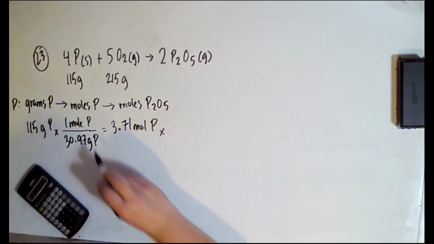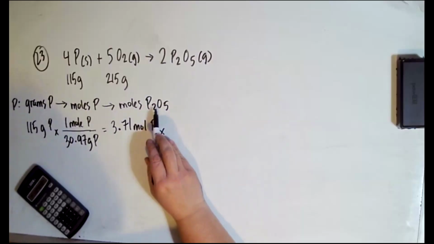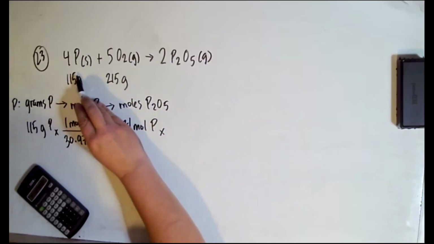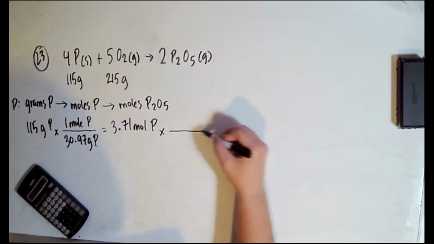Okay. Next step, we're going to go from moles of phosphorus to moles of P2O5. 4 moles of phosphorus for every 2 moles of P2O5.